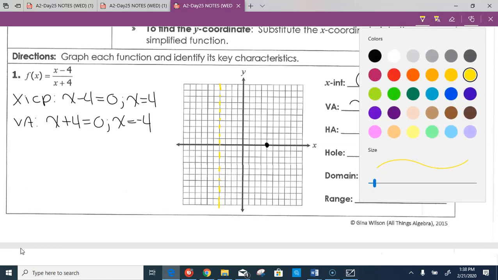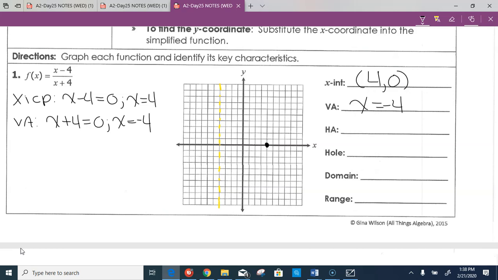Now, going back to my horizontal asymptote. To get the horizontal asymptote, it says use the rules below. So what you have to do is look at your exponents for your x values. Both of my x values in the numerator and denominator have an exponent of 1. That means the top exponent p is equal to the bottom exponent q.